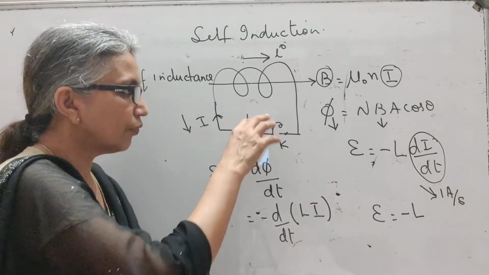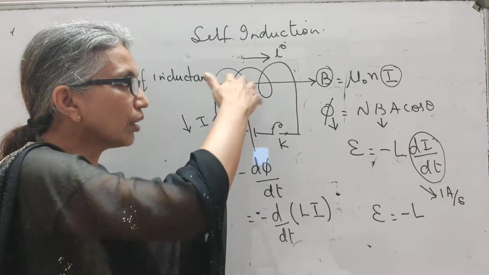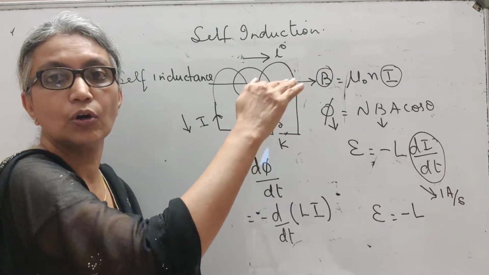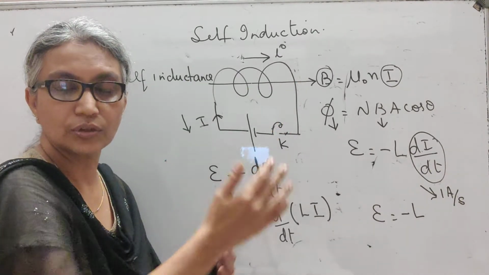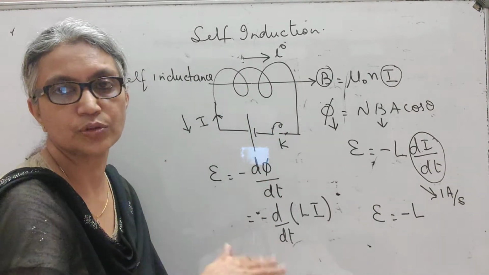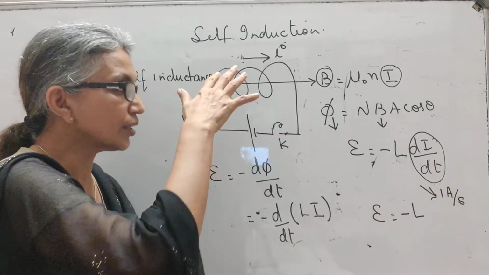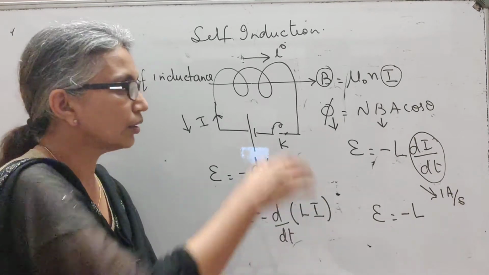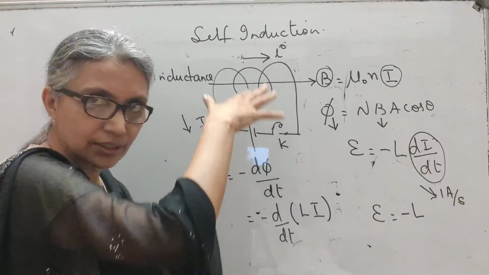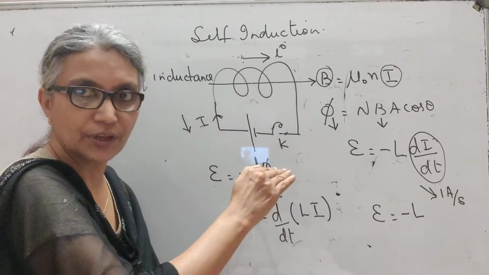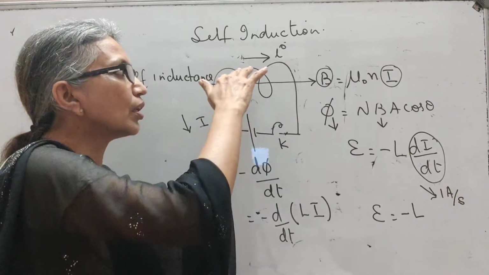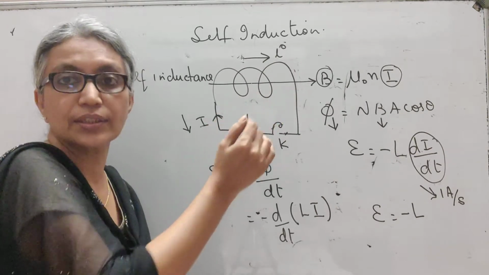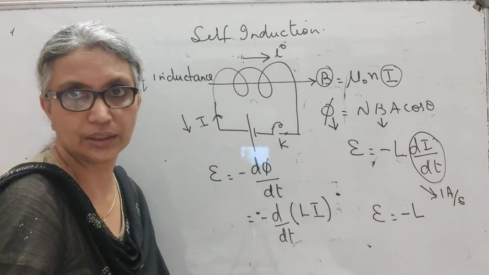For example, when I switched on the key, when the current was growing, the flux was increasing, the induced current will flow in the opposite direction, so that the net current will reduce and the flux will reduce. But if there is a decay in the current, that is, as soon as I switch off the key, the current is reducing, because of which the flux is reducing, then the induced current will start flowing in the same direction, so that the net current will increase and the flux will also increase.